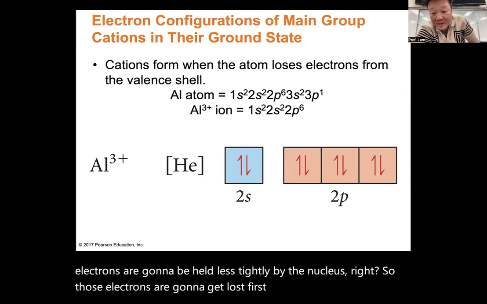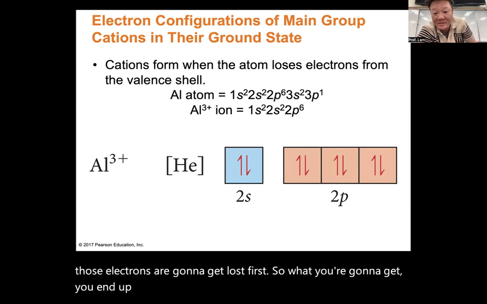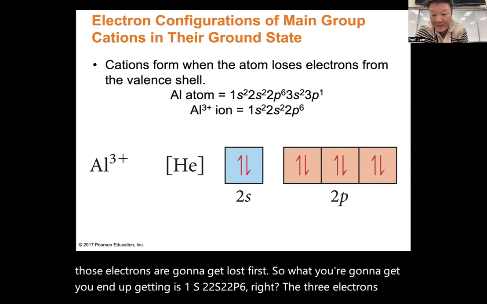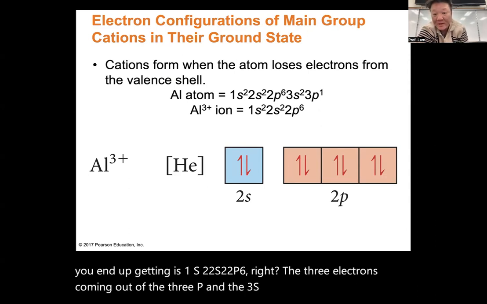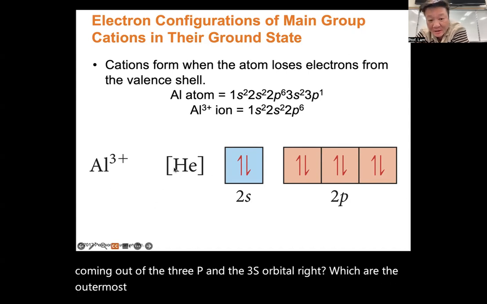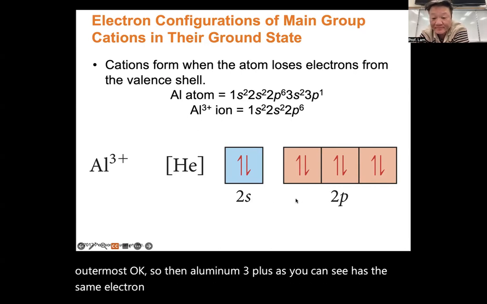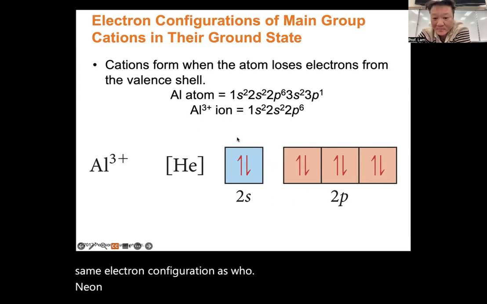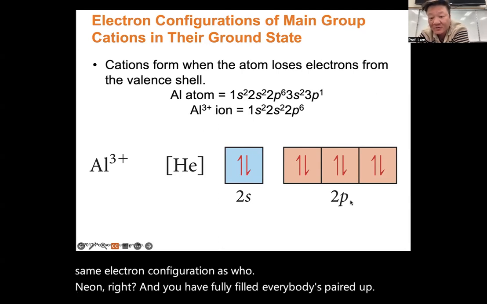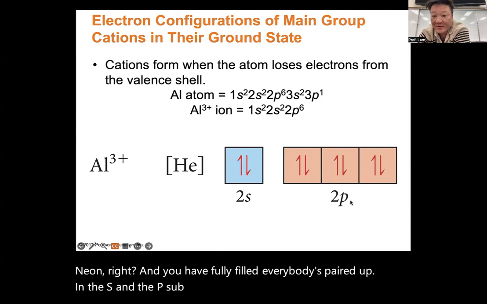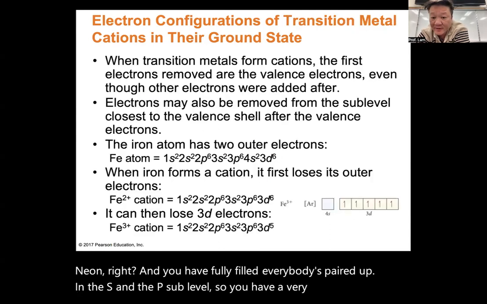So what you end up getting is 1s2, 2s2, 2p6, the 3 electrons coming out of the 3p and the 3s orbital, which are the outermost, okay? So then aluminum 3+, as you can see, has the same electron configuration as who? Neon, right? And you have fully filled, everybody's paired up in the s and the p sublevel. So you have a very stable configuration, right?